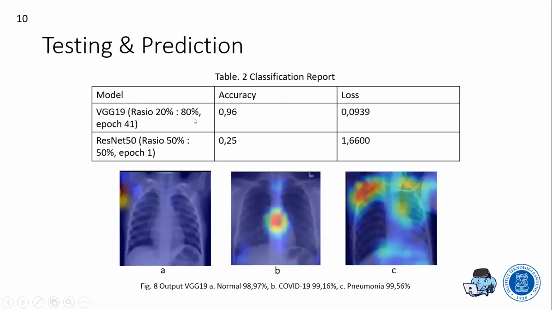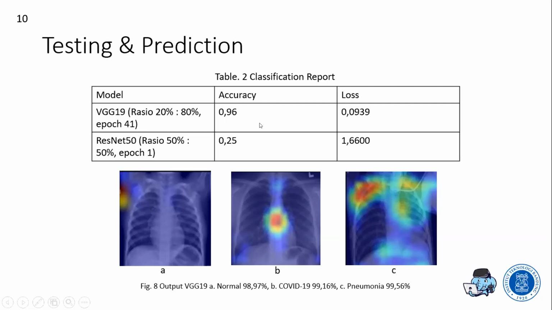And the testing and prediction. This is the classification report, and this testing is carried out using the base model from the training process, namely VGG19, with the highest accuracy value stopping at 41 iterations at a ratio of 20% and 90%, epoch 41.